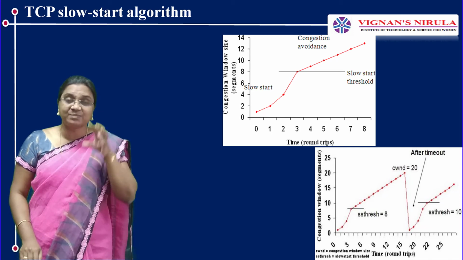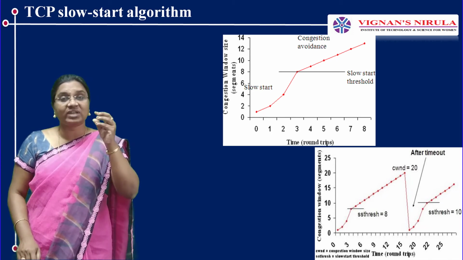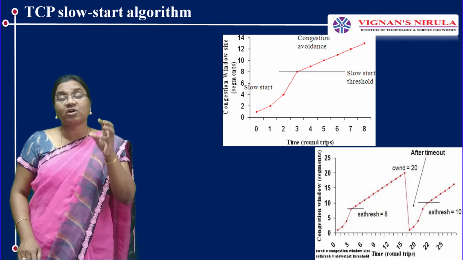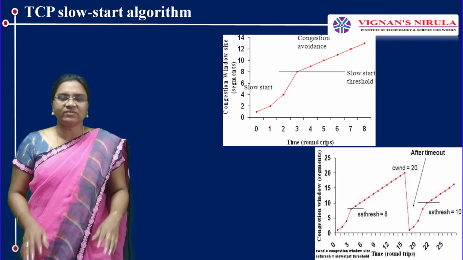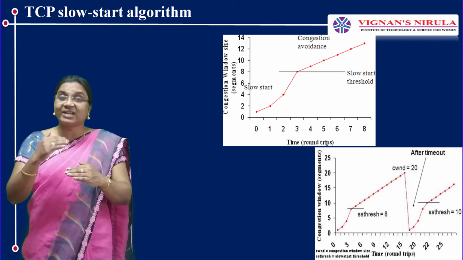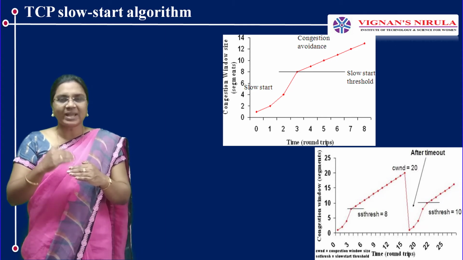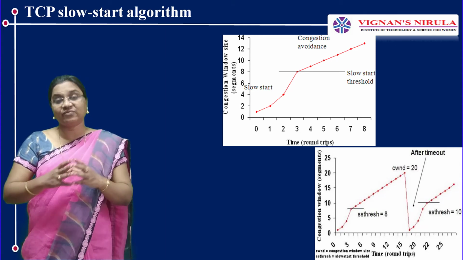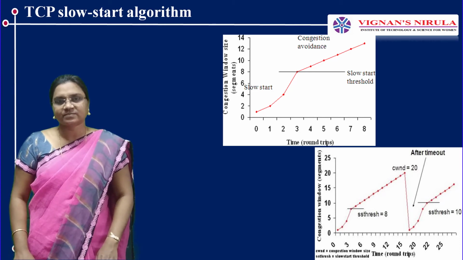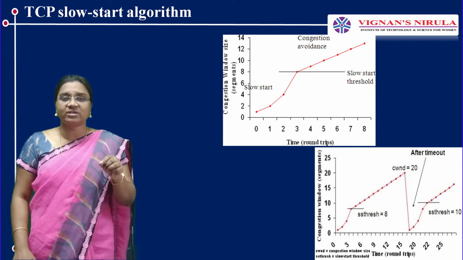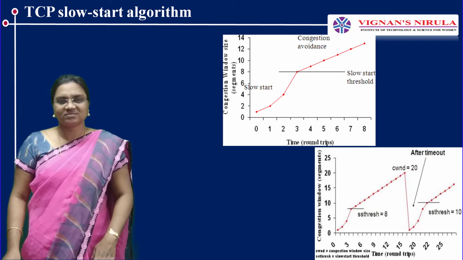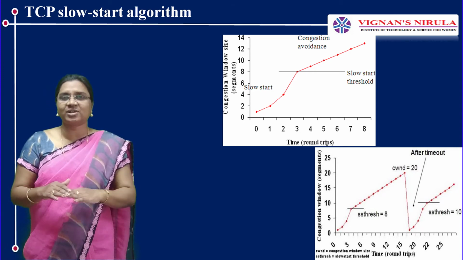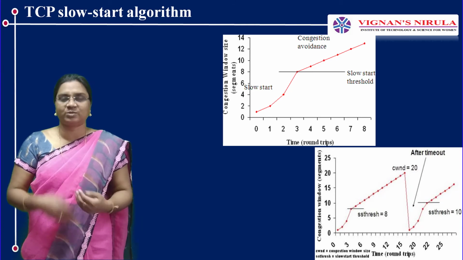If we observe any late or missing acknowledgement, or any duplicate acknowledgements, then we reduce the threshold to 1/2 of the current congestion window that we are maintaining, right? The congestion window starts again with 1 segment. So we are again coming to the initial point and continuing this process.